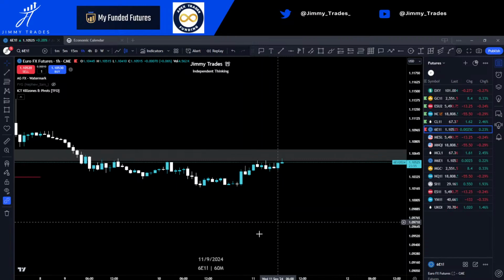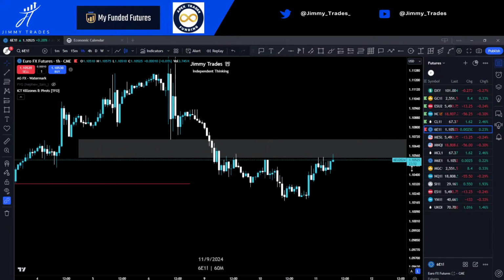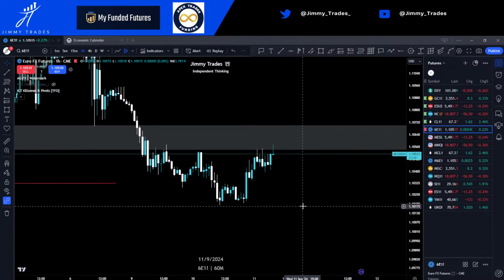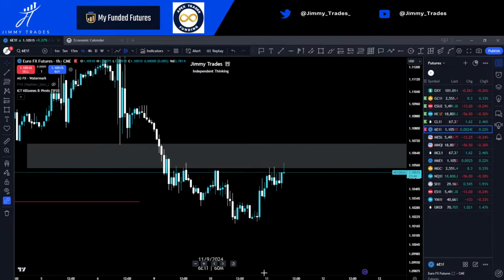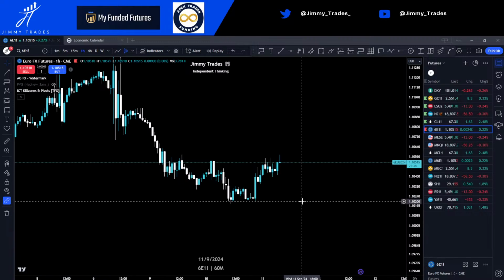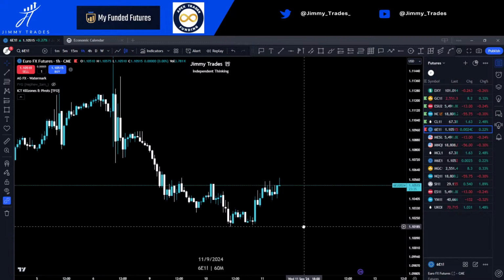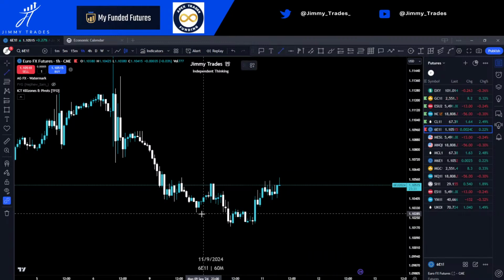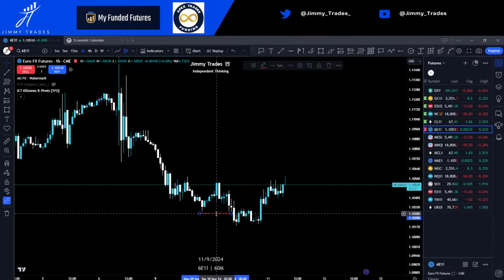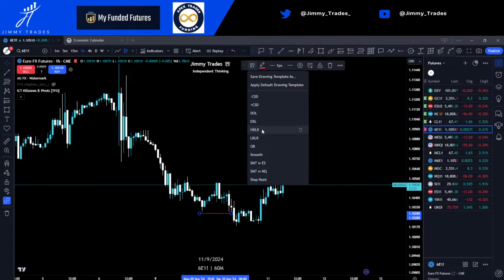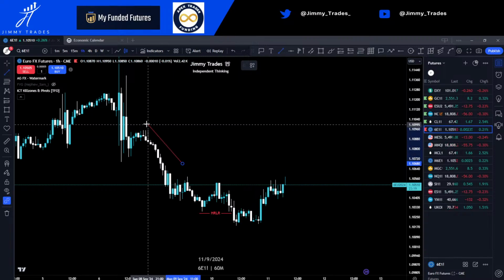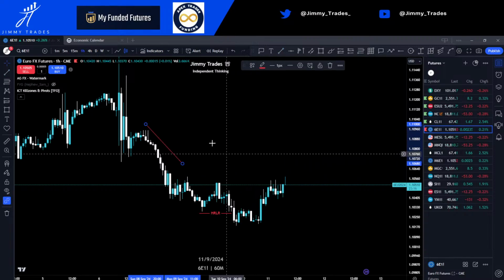So I would look at the hourly structure to give me more of an indication on what price might want to do. We have high resistance liquidity here on our side of price, and lots of low resistance liquidity on the other side of price as well.